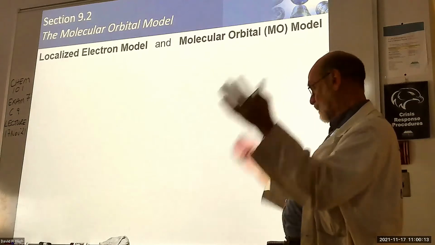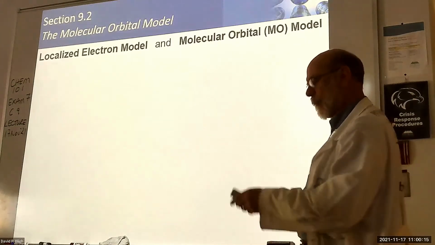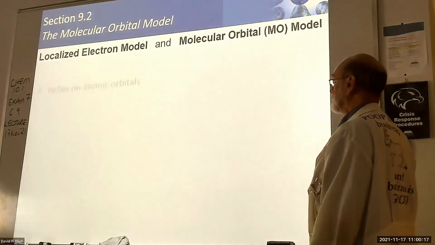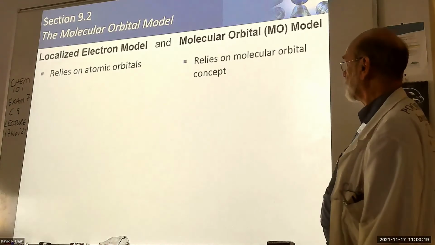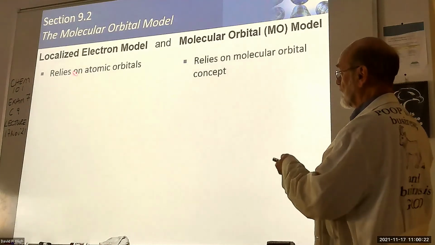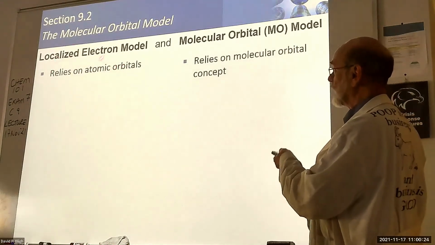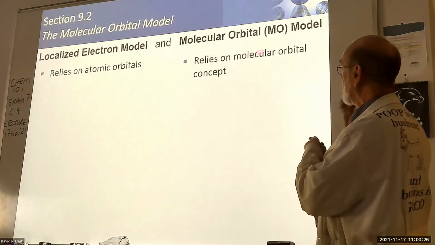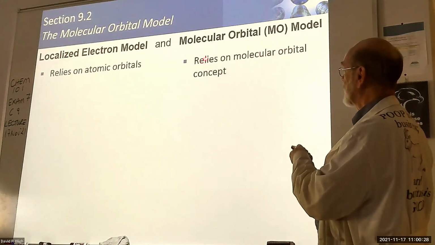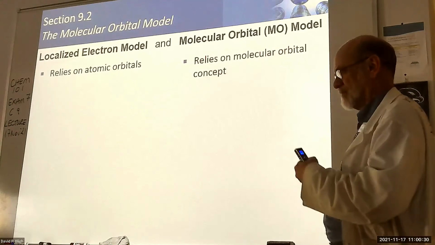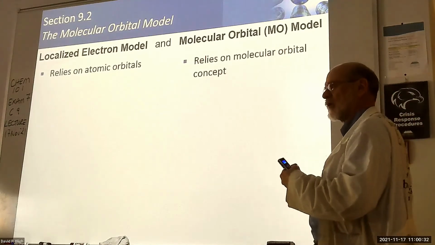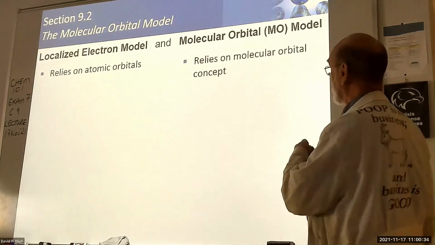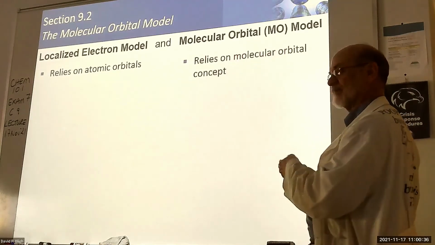They just are over the whole molecule. So here's a comparison. Atomic orbitals only for this localized electron model, molecular orbital concept, which is sort of circular logic. That's the name, and those are the orbitals.